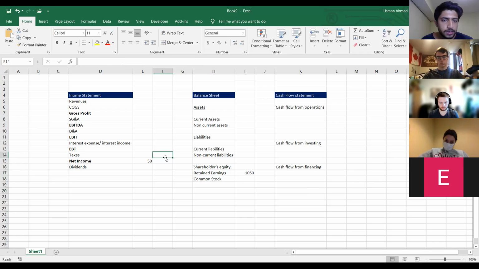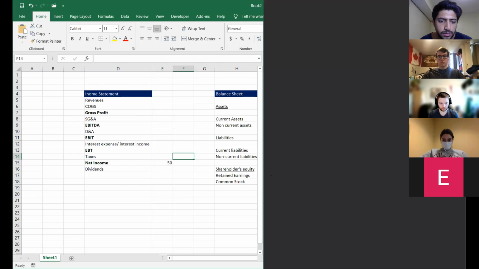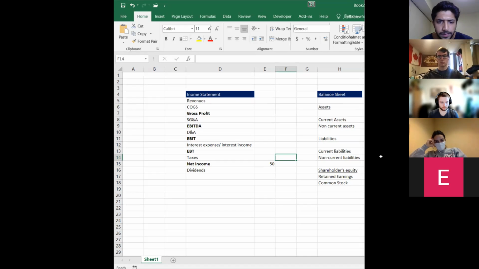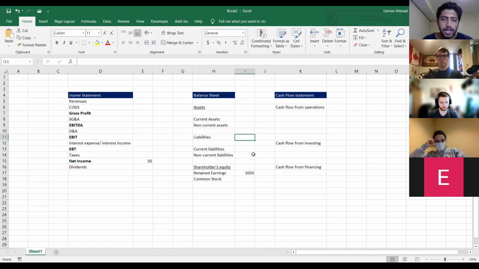Okay, so the next, let me also reference my slides so that I go in the same order. Depreciation and amortization. Here in the non-current assets, we have an account called the PP&E, which is all the physical capital for a company, so machinery or factories that a company has.